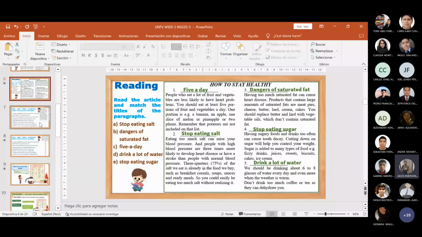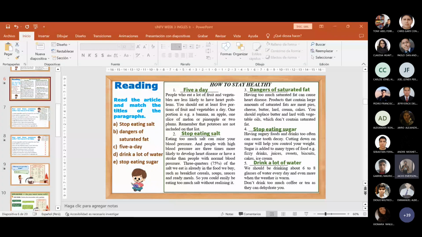Okay. One melon is a portion of fruit. Portion. Yes, portion is like a slice of fruit.